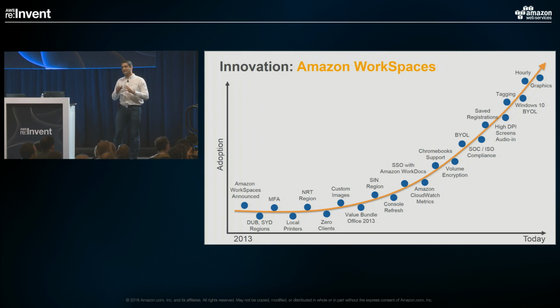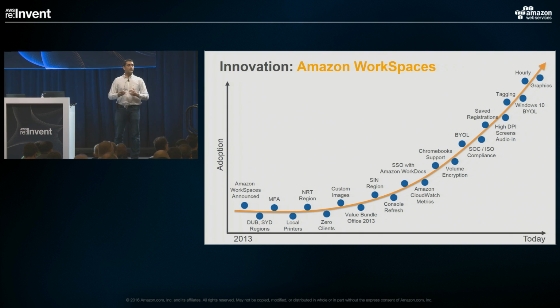We made WorkSpaces accessible in additional regions that have perhaps high application latency sensitive workloads. We made WorkSpaces available on PCoIP zero clients. These are low-cost hardware devices that are only streaming the WorkSpaces and nothing else on them. So it improves the security posture.